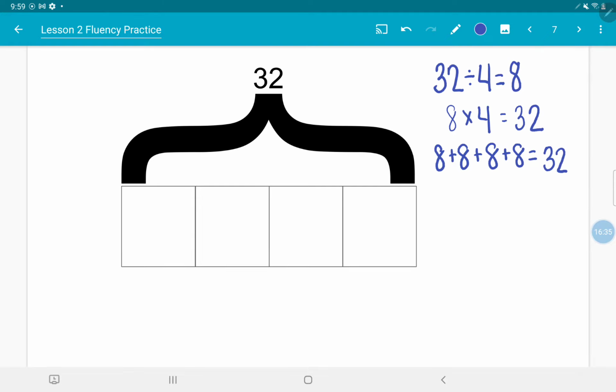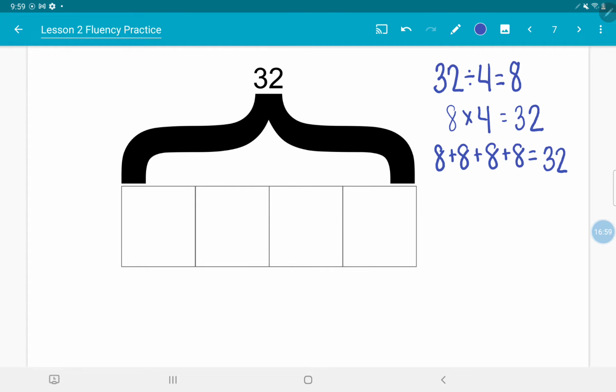How would that relate to fractions, Olivia? Because you find the missing number and put it in there, and that missing number is what's going to equal your whole number.